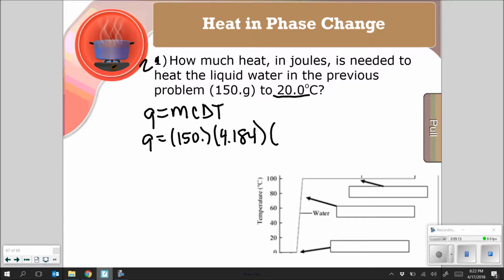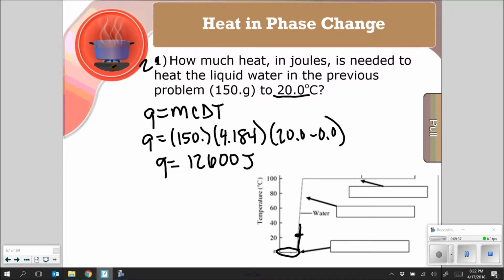But remember, if I'm piggybacking off the previous problem, we melted that ice at 0 degrees, and now we're heating it up to 20 degrees. So it started at 0 degrees. My final minus initial is going to be 20.0 minus 0. For my Q value, in order to heat this water up, it's going to be 12600 joules with 3 significant digits.